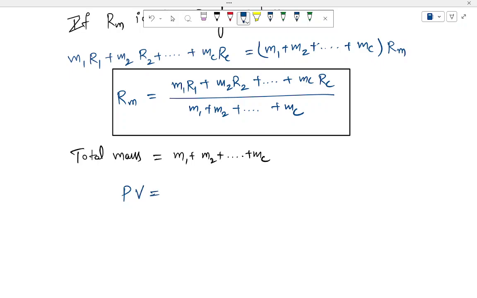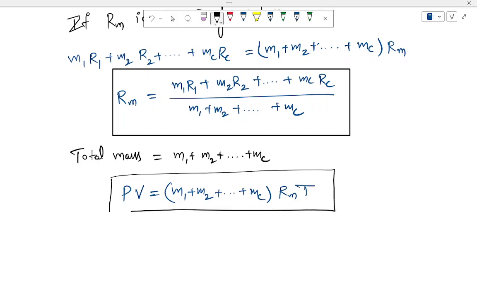PV will be equal to M1 plus M2 plus so on plus MC, into Rm into T. So this is how your equation will be when it comes to M and R. M means the mass and R means the particular gas constant or the characteristic gas constant. This is how you will write the expression of the ideal gas equation.